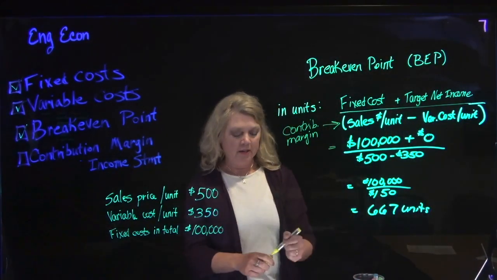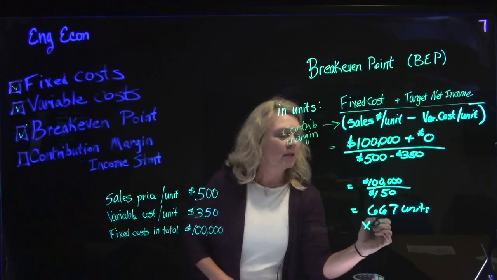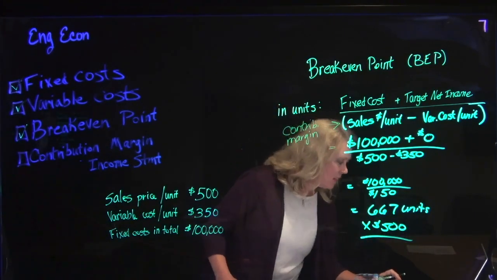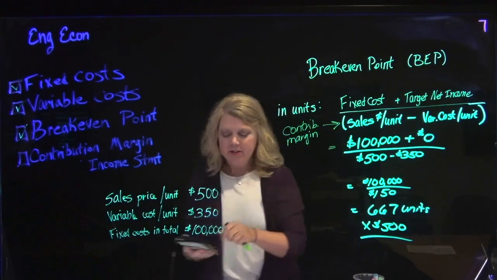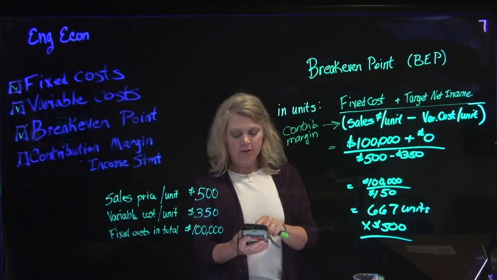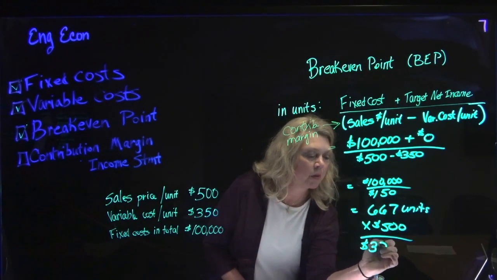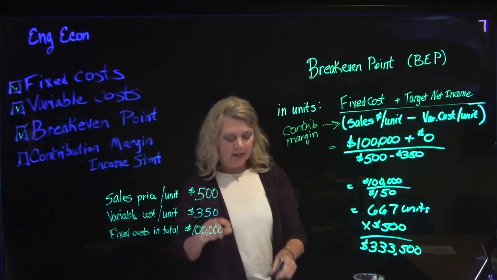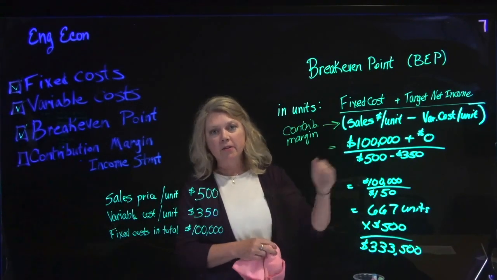If you've already determined 667 units need to be sold, and you know the selling price, you can just multiply by the $500 selling price each. 667 times 500, I think, is 333,000. Let's check. 667 units, each one sold at $500, gives us a selling revenue required of 333,500. Okay, let's say that's our total sales revenue needed in order to just break even.